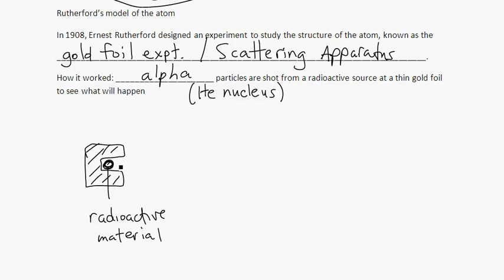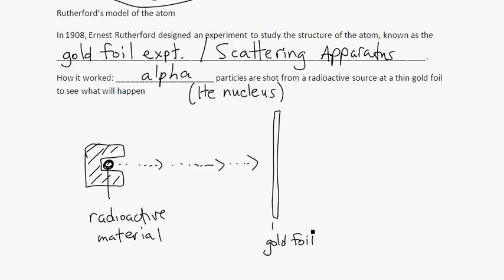And so these alpha particles get fired as it decays. And then what they did is they took a piece of gold foil and they pounded the gold flat, very flat, so that it was only a few atoms thick.